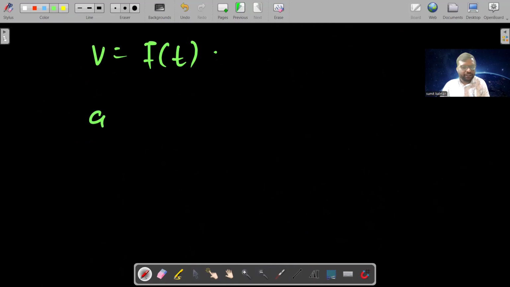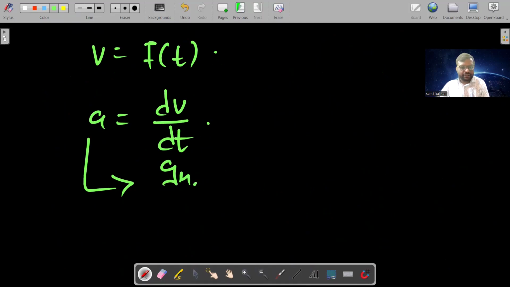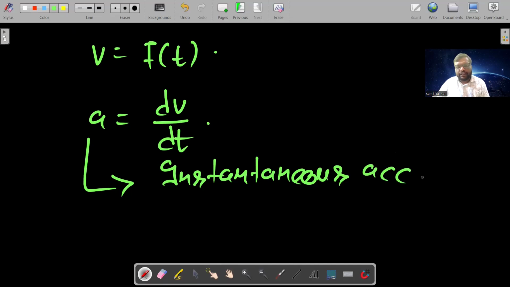Acceleration is the rate of change of velocity. So a will be equal to dv upon dt. And this acceleration is called instantaneous acceleration, that is, acceleration at a particular instant t.